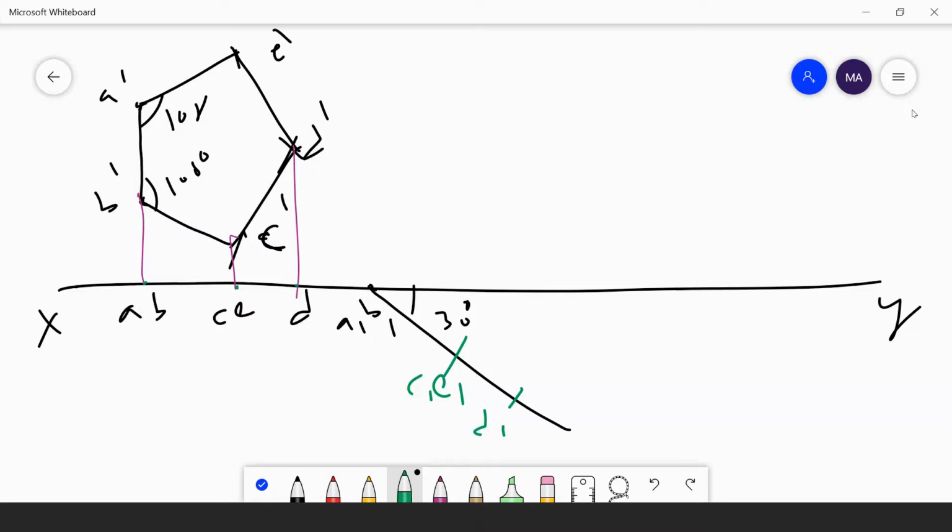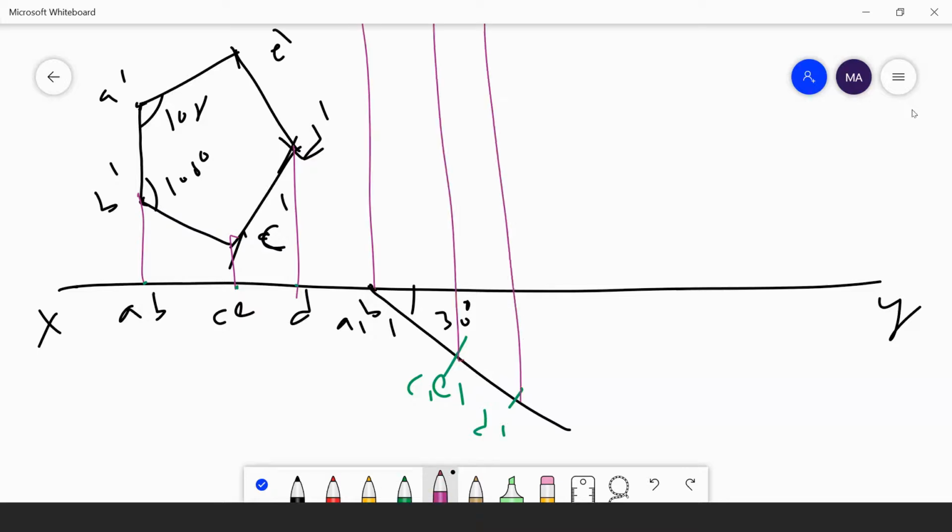Then I am projecting all these points rightward: projecting A, then B, E, C and D. Understand?